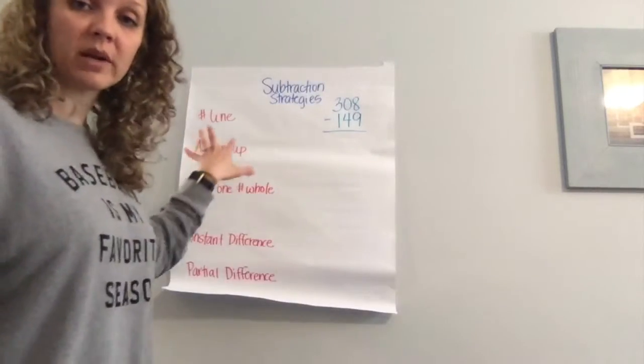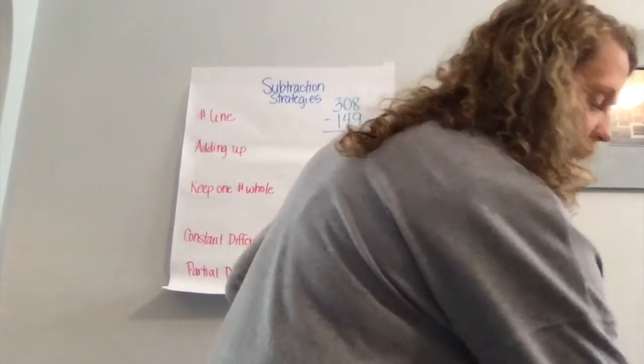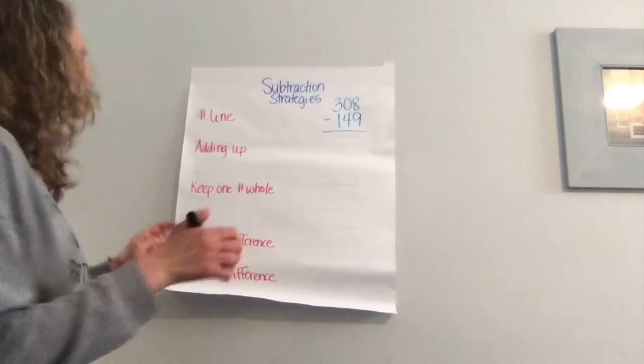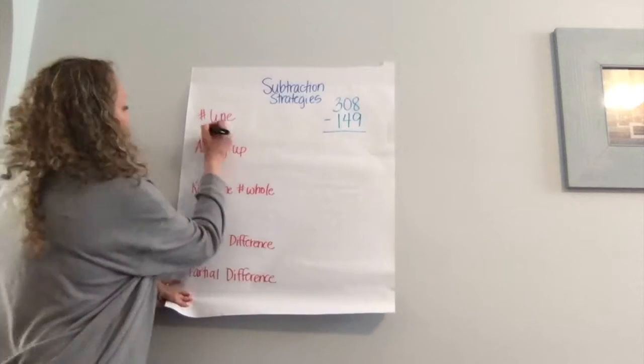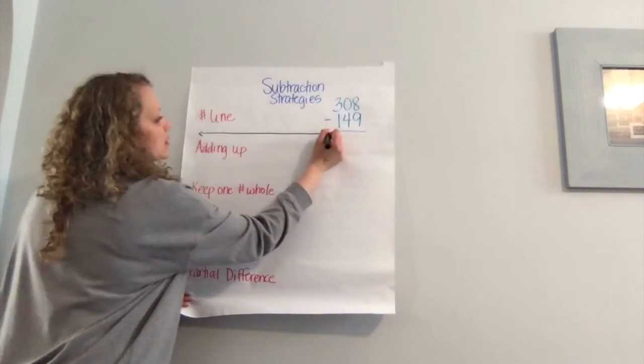I'm actually going to draw my number line on my poster today for the subtraction strategies, and then I'll do all the other strategies on my whiteboard. So a number line would look like this, okay?